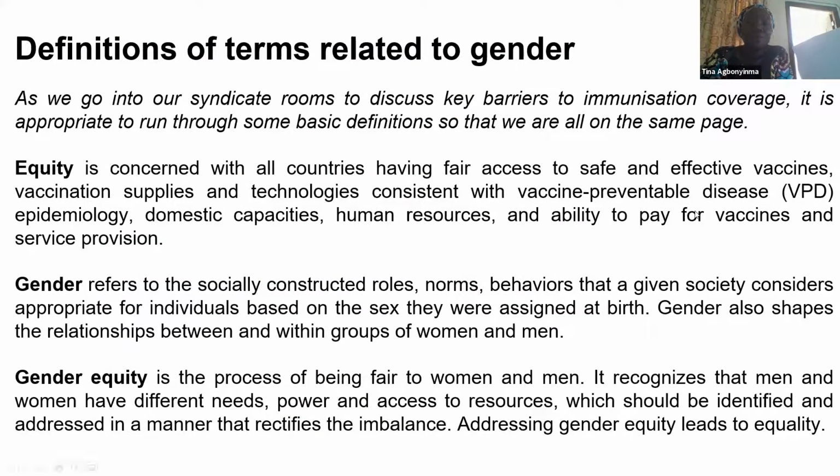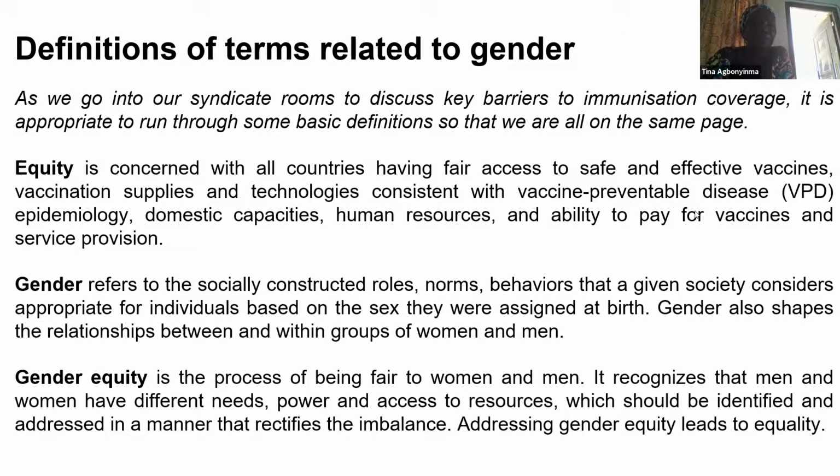So having explained gender matters, how to strategize, how to resolve issues, I just have some definitions here so that those of us who might be new here and new to the platform will be able to understand some of the key terms that were used.